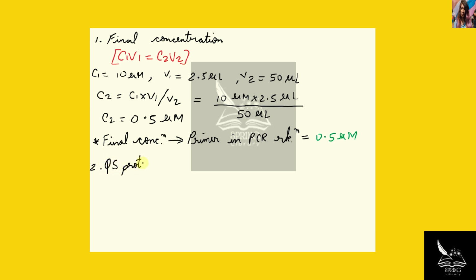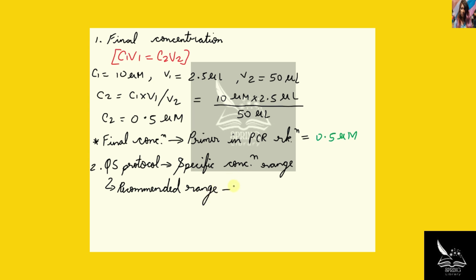protocol depends on the specific concentration range recommended by the manufacturer. Typically, the recommended concentration range for PCR primers is between 0.1 micromolar and 0.5 micromolar.